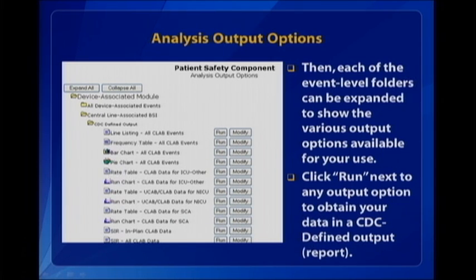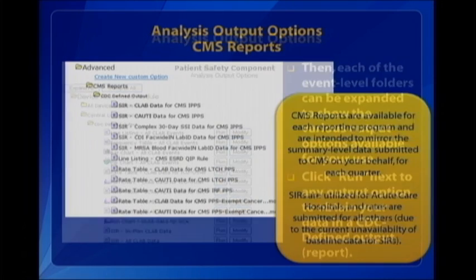So if I were to click Run on that rate table for CLABSI, ICU Other, it would give me monthly rates going back to January of 2011 for every one of my locations. And by clicking Modify, you can, of course, modify the report and the data that are included in that report.